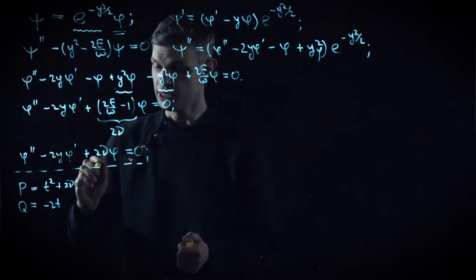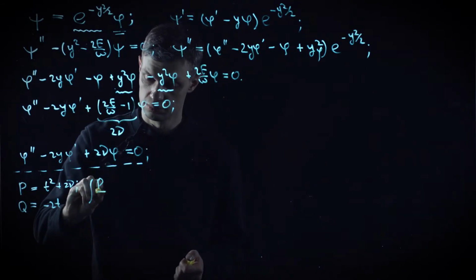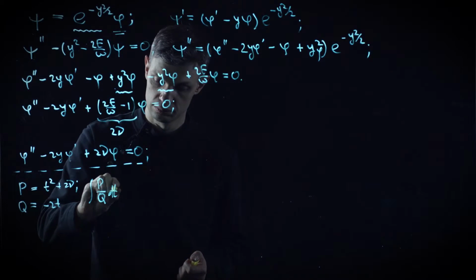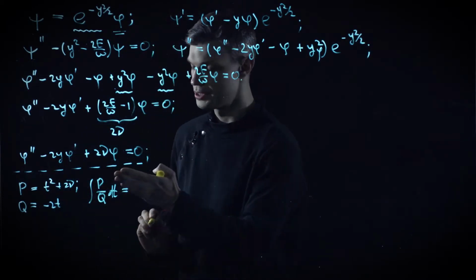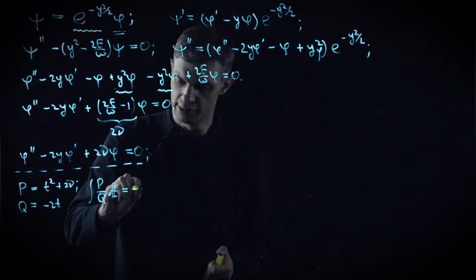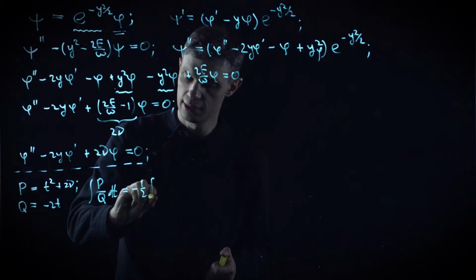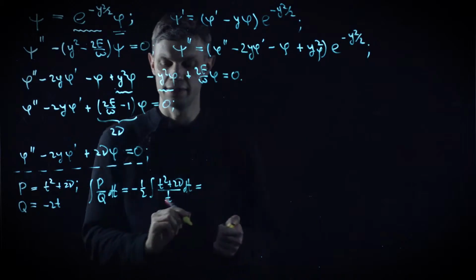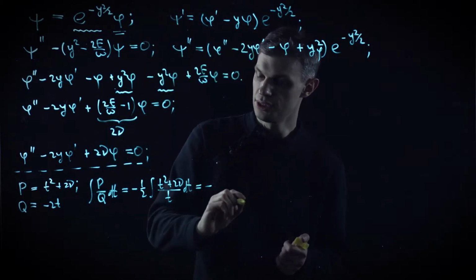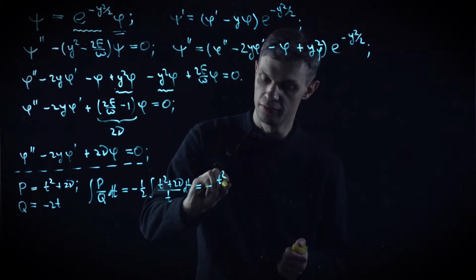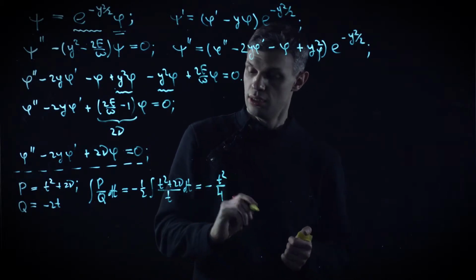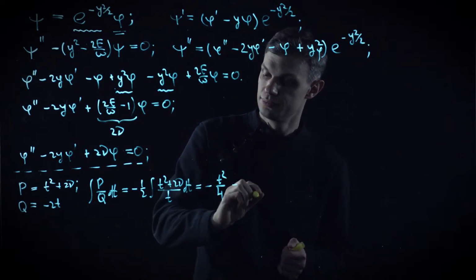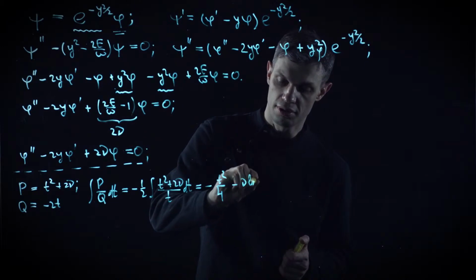Now we perform the integration, which is, okay, let's write it down explicitly. And finally, the integral is minus t squared over 4 minus nu logarithm of t.